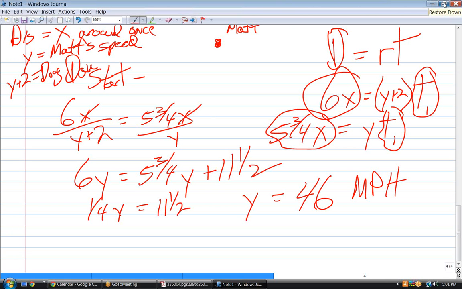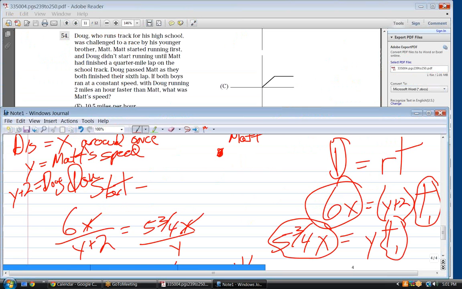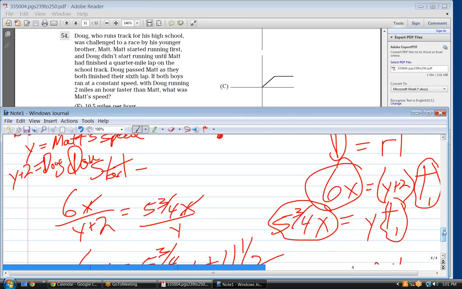But I'm thinking like what they're saying is quarter mile. We could just say 0.25 is 1 lap. So if Doug ran, let's see. Oh, I see what you're saying. But 6, it could be just 1.5. That won't matter, I don't think, because in other words, it doesn't matter that we know what x is. If it's a high school track, so it's 1 mile around the whole thing, I could even remove the x.